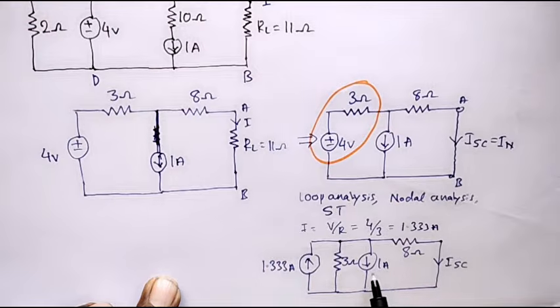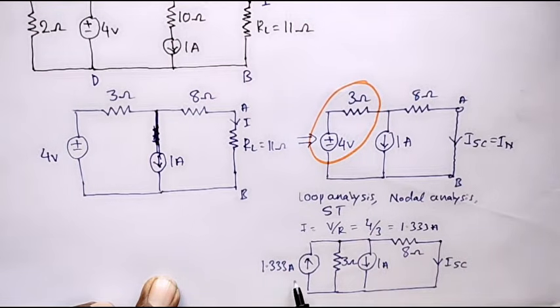So we can replace these two current sources by a single current source. Look at the direction of these two current sources, both are opposite to each other. We are supposed to take the difference of these two and that will be the magnitude of the current source, and we consider the direction of the highest magnitude. Here the highest magnitude is 1.333 amp, which is in the up direction.